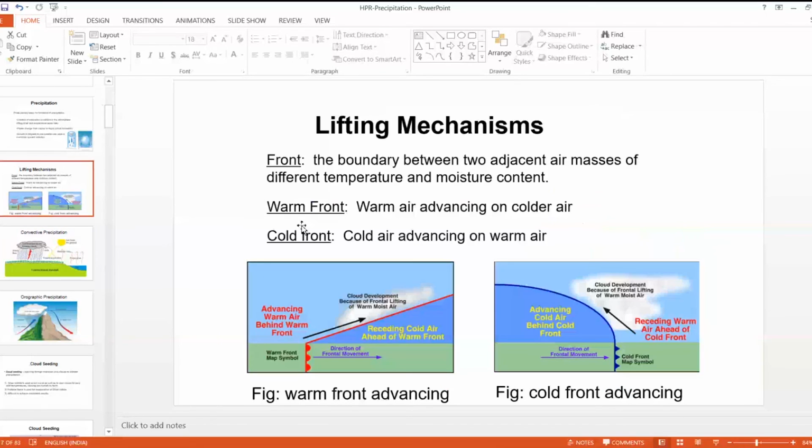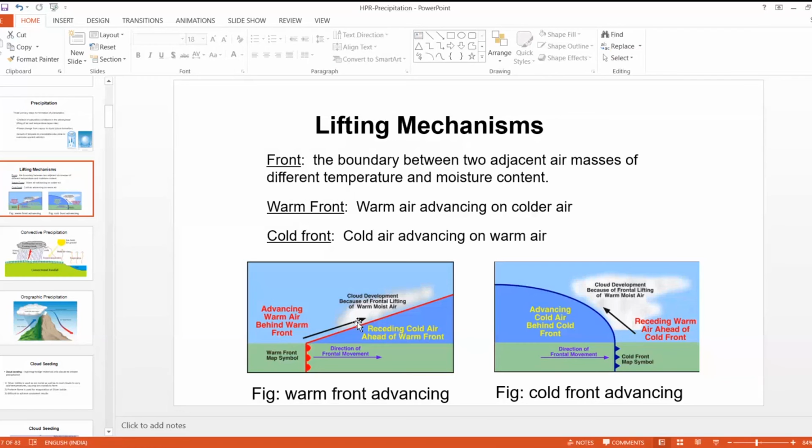In frontal rainfall, either the cold front is moving faster towards warm air, or warm air is moving faster towards cold air. Suppose a warm wind is moving faster towards cold wind, then the cold one has higher density, so the warm front climbs onto the cold one.